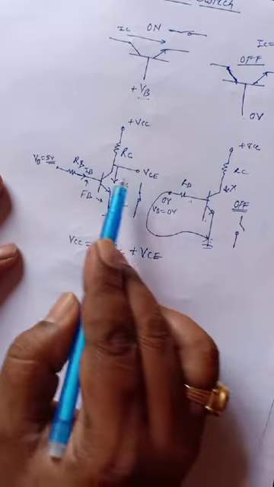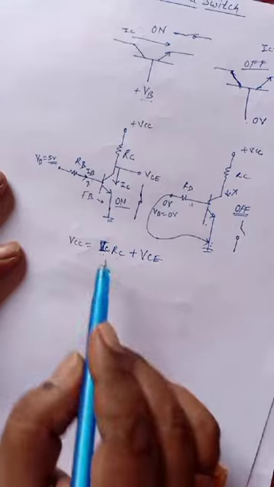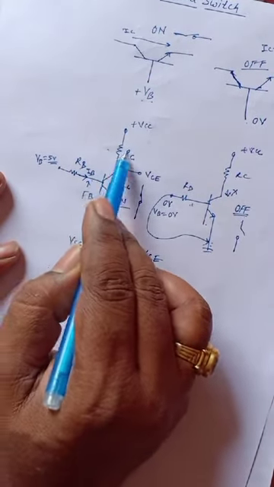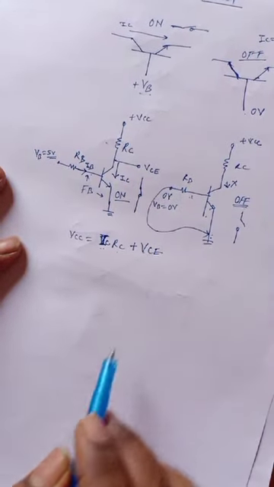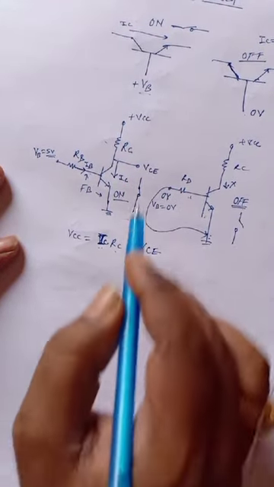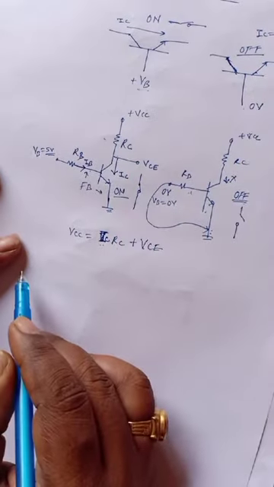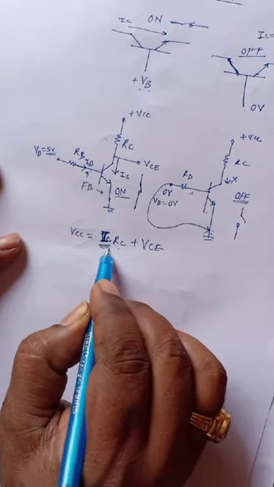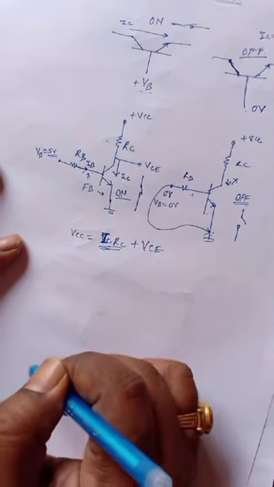So we know that when the transistor is in on state, the collector current is maximum. There is some voltage drop across RC and there is some voltage drop across collector to emitter. So just see what will be the voltage VCE. If the transistor is full on, maximum collector current flows through the transistor, so this part is maximum.